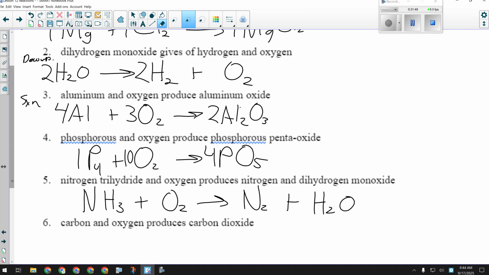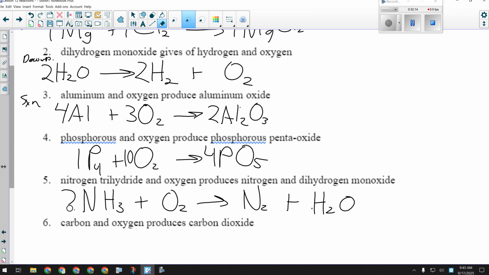Okay, we gotta balance this thing. Biggest number is for the hydrogen. I got 3 here and I got 2 there. Lowest common multiple is 6. 2 times 3, 3 times 2. Do I have a problem? I'm not gonna make my oxygen balance here, am I? So let's start again.